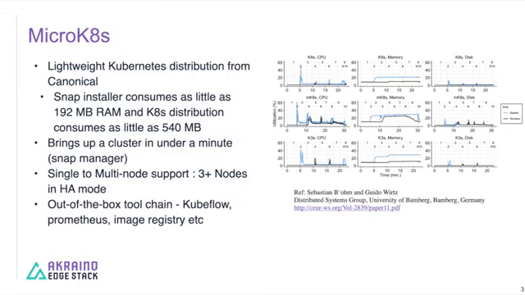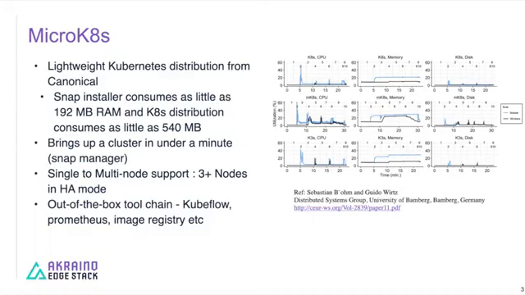We evaluated a couple of technology stacks, and MicroK8s seemed to be a good fit. MicroK8s is a lightweight Kubernetes distribution from Canonical, and we can spin up this environment with a single command in under a minute. We can make use of the Snap installer, which itself is very lightweight.